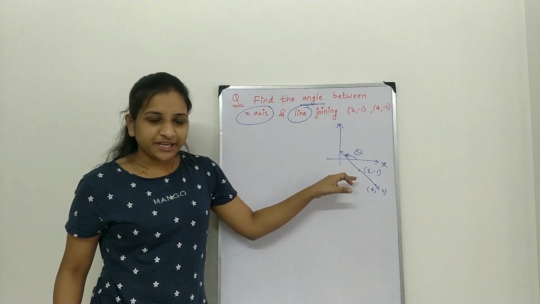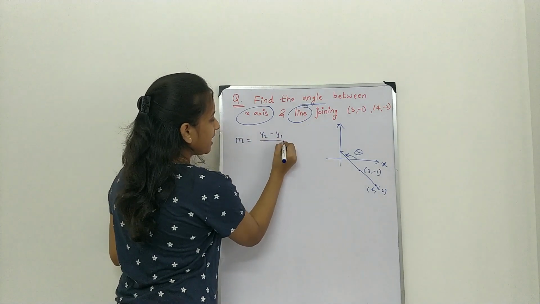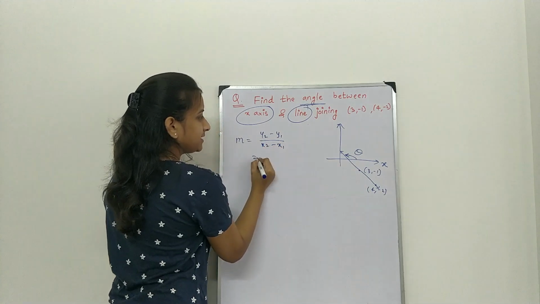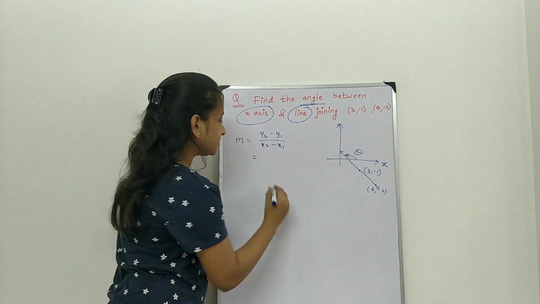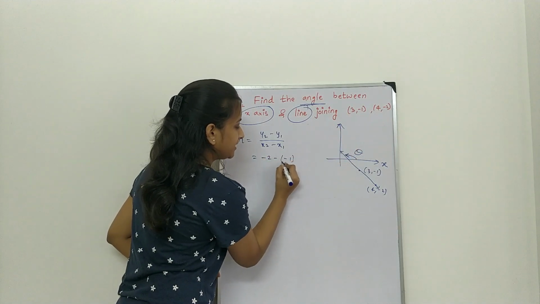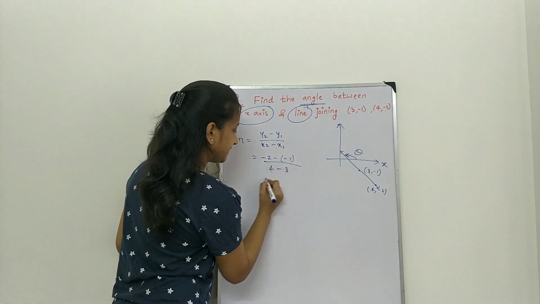Let's find out the slope here. Slope is (y2 minus y1) upon (x2 minus x1). Let's substitute these numbers here: y2 minus y1 is minus 2 minus of minus 1, upon x2 minus x1, which is 4 minus 3.